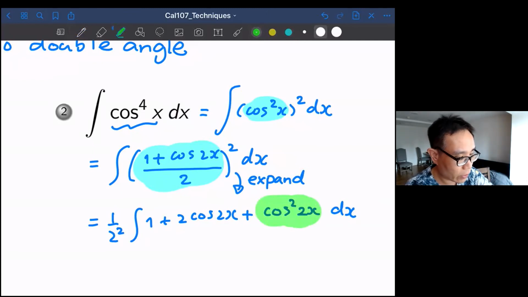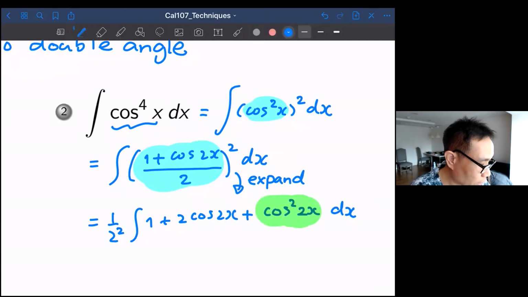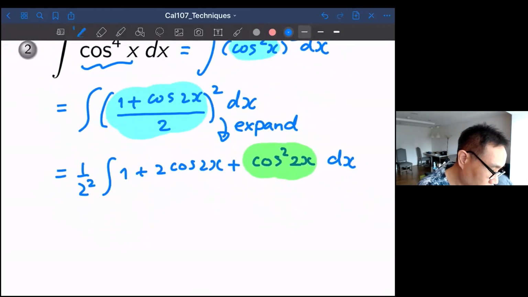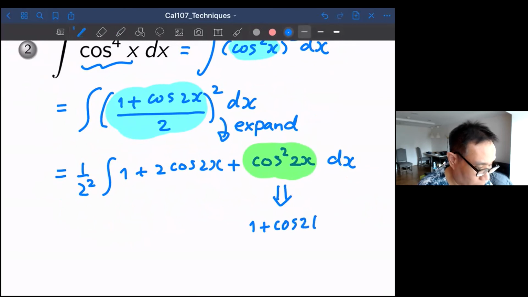So for this one, you're going to change this into 1 plus cos double of 2x, over 2.